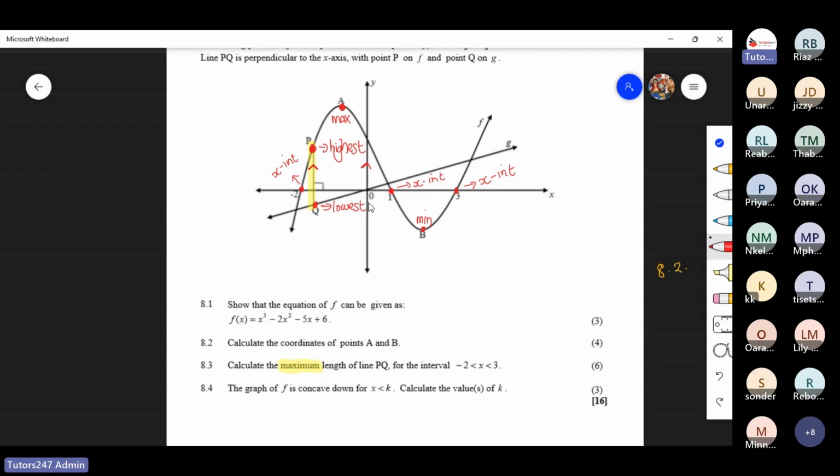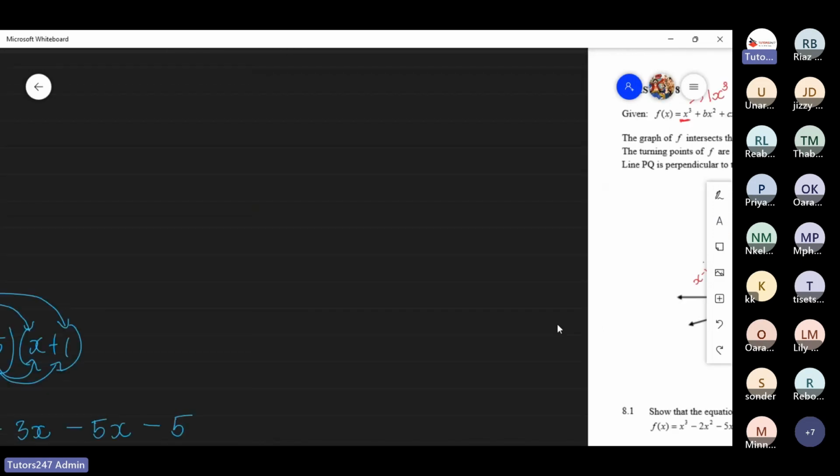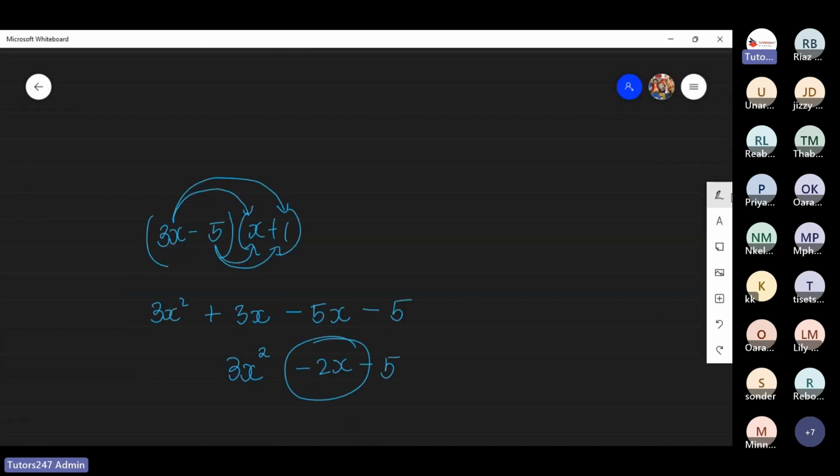So in order for us to find the length PQ, we are going to take f of x minus g of x. Always remember that. Top function minus bottom function. So let us attempt question 8.3. Just give me a second to clean this up.